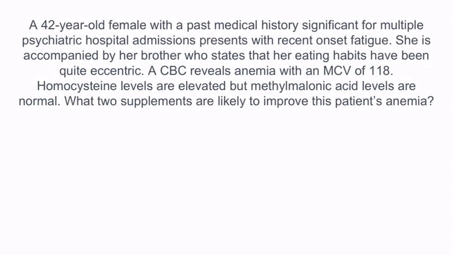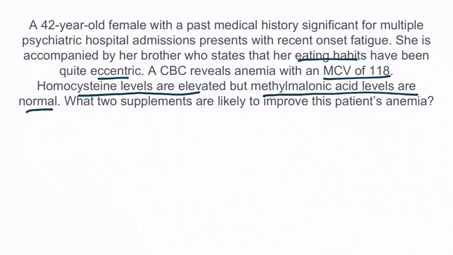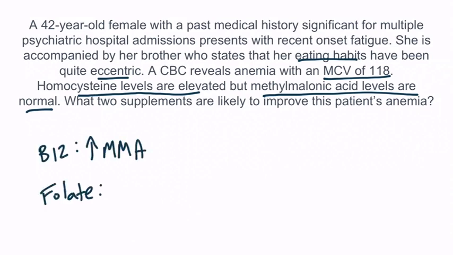Notice that this woman has eccentric eating habits, which has resulted in a macrocytic anemia, or an MCV of 118. We're also told that homocysteine levels are elevated, but methylmalonic acid levels are normal. Recall that methylmalonic acid levels are elevated in patients with B12 deficiency, but are normal in patients with folate deficiency.